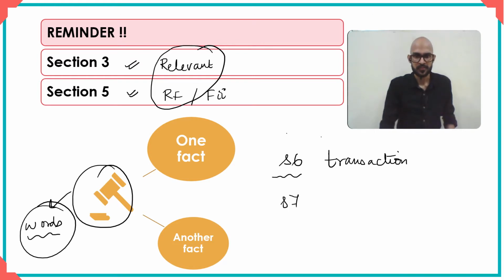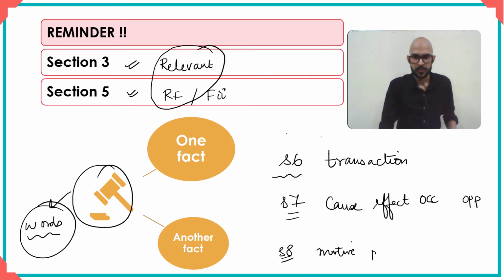Likewise, we saw section 7. The key words there: cause, effect, occasion, opportunity, right? Likewise, we saw section 8, which speaks of motive, preparation, and conduct, right? So we know that there are these words that signify what that relationship is.